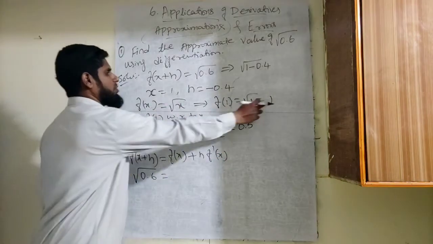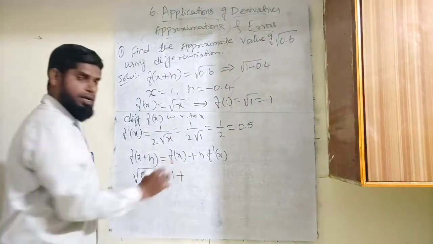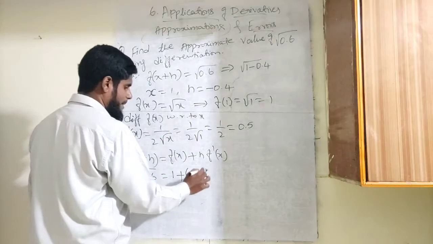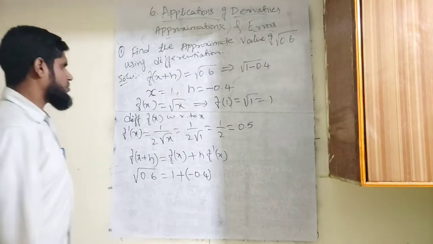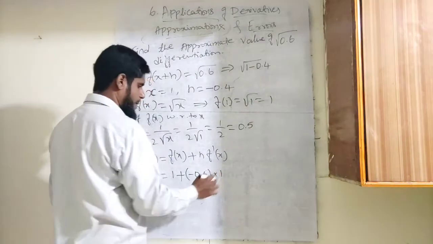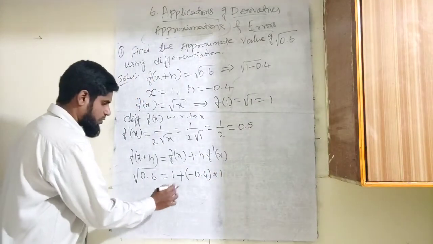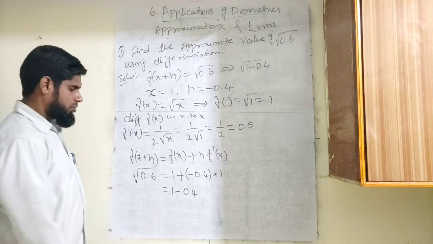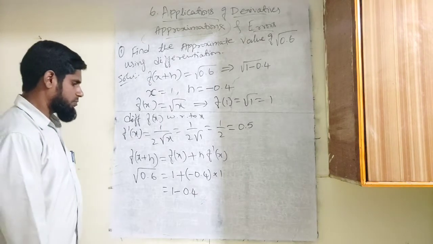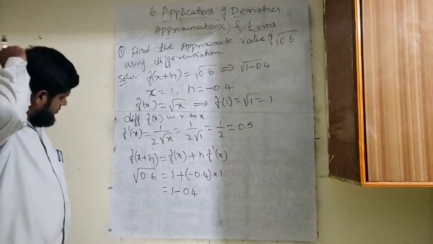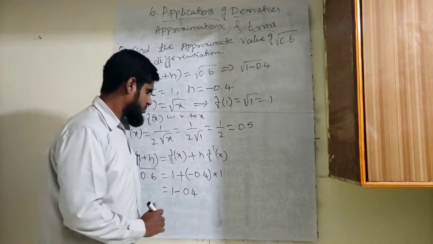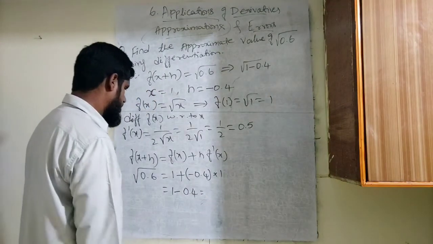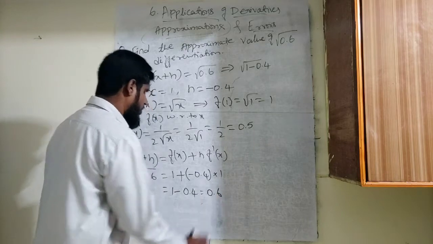F of x at x is equal to 1 is 1, plus h is minus 0.4. F dash x at x is equal to 1 is 1.